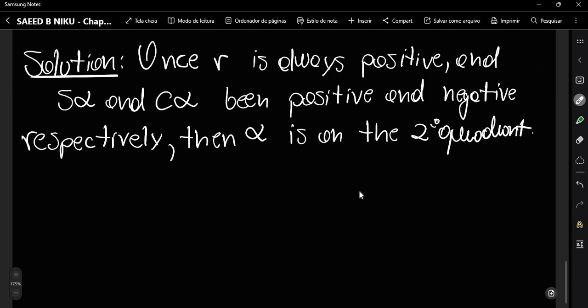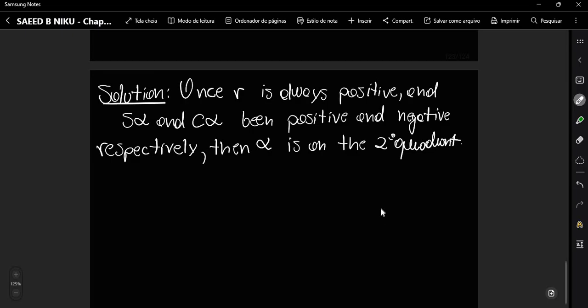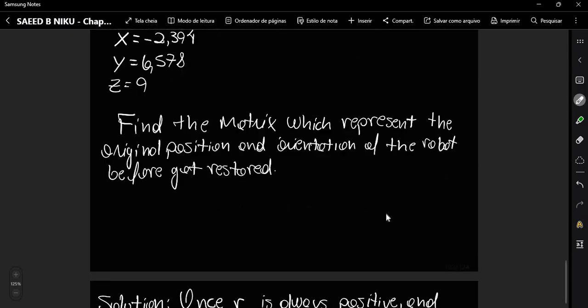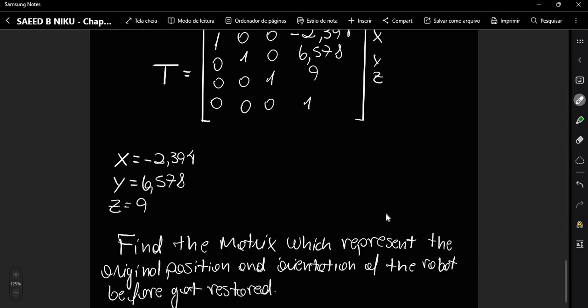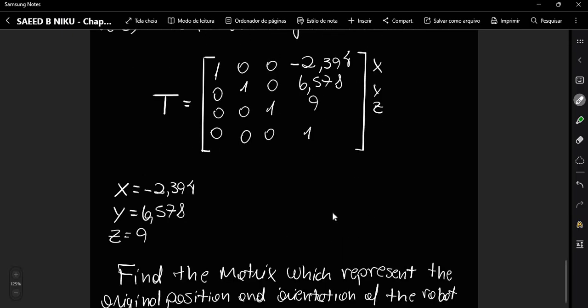Okay, we have just to apply the same concepts that we have applied on the first examples of this nature. So let's use this trigonometry relation. Tangent of alpha is equal to sine of alpha divided by cosine of alpha.